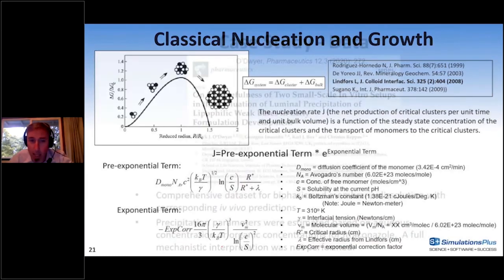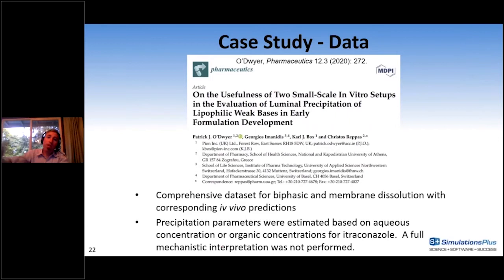So now for the case study, we're going to look at O'Dwyer's paper from 2020, where he looked at two small-scale in vitro setups, in this case the biphasic dissolution and the membrane dissolution in the Pion MicroDISS Profiler with the Microflux attachment.